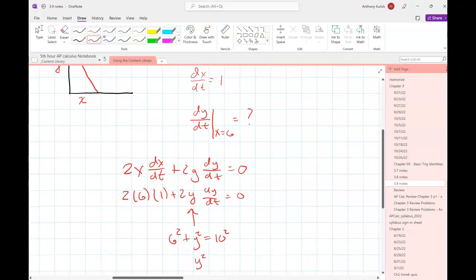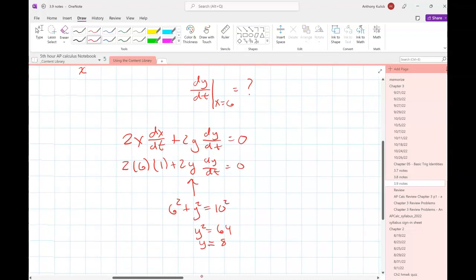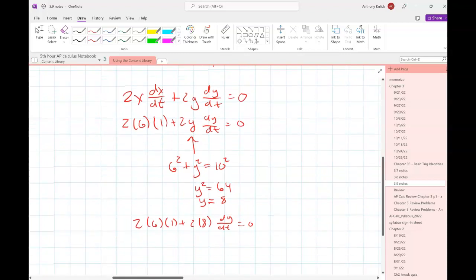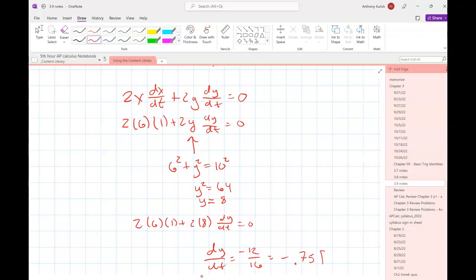So y squared is going to equal 64. So y will be 8. So I'm going to get negative 12 divided by 16, or negative 0.75 feet per second.